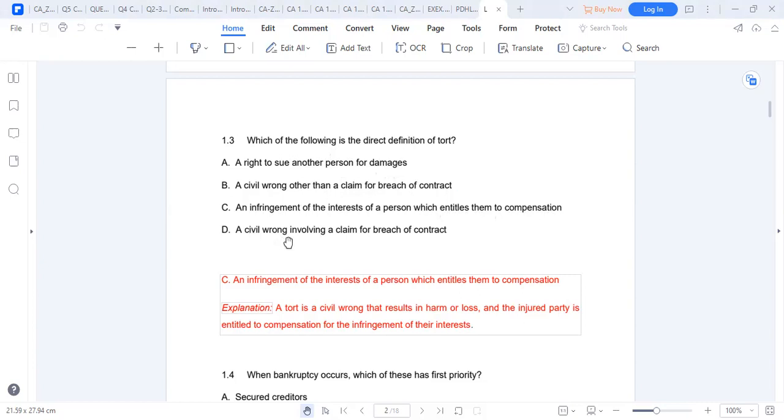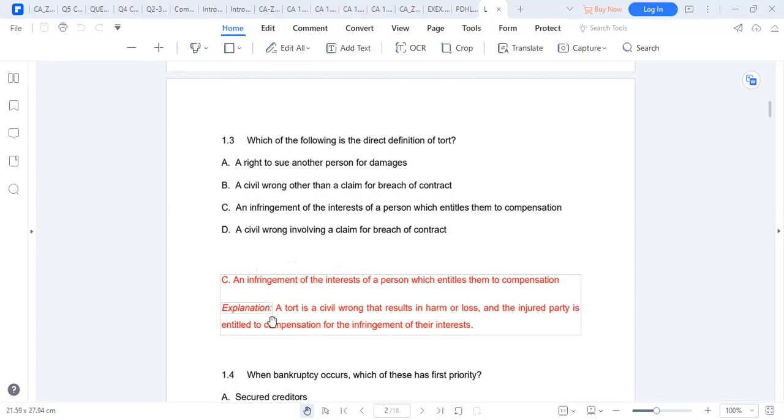Number four, civil wrong involving a claim in a contract. Of these, which one seems to be most correct? It's part C, infringement of interests of a person which entitles them to compensation.